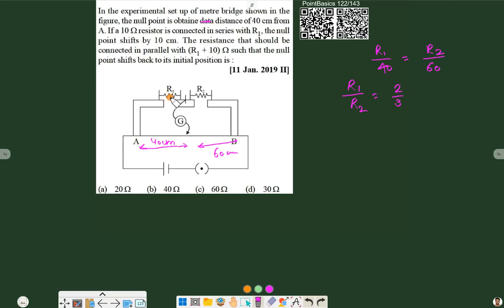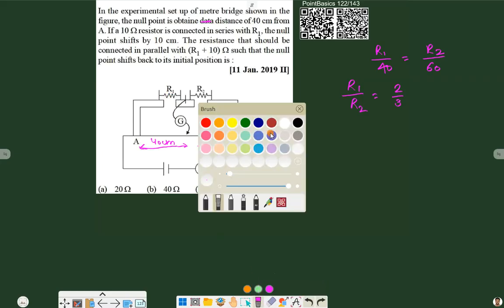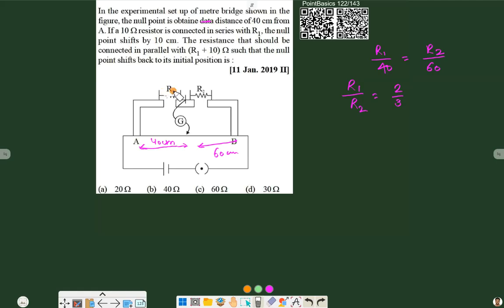With the R1 resistance we connected a 10 ohm resistance in series. So let me change this. This will be our modified circuit, that we have R1 and a 10 ohm resistance in series. Now our null point shifts by 10 centimeter.